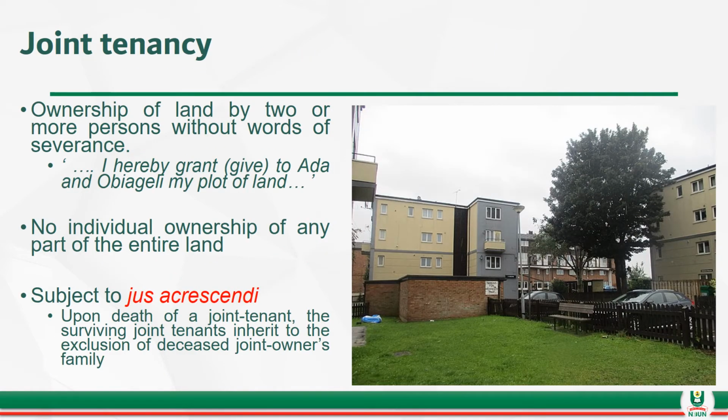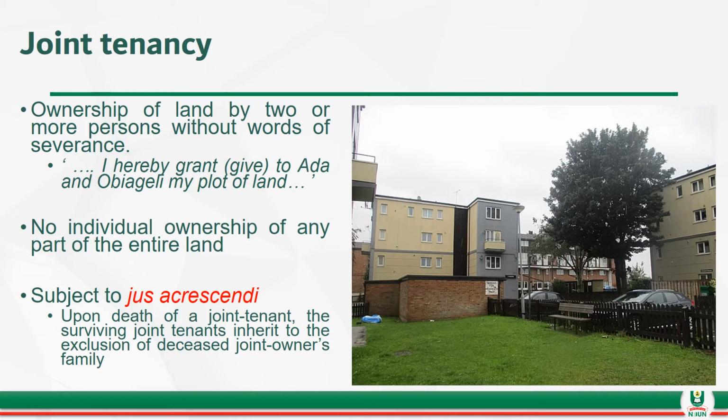Now to joint tenancy. Joint tenancy is the ownership of land by two or more persons without any words of severance. So if land is granted, for instance, in a will to two people, and you just say, I grant to Ada and Obiageli my plot of land, without saying which share each person will get, what they will have is a joint tenancy.